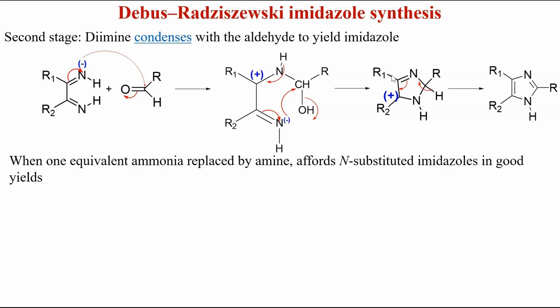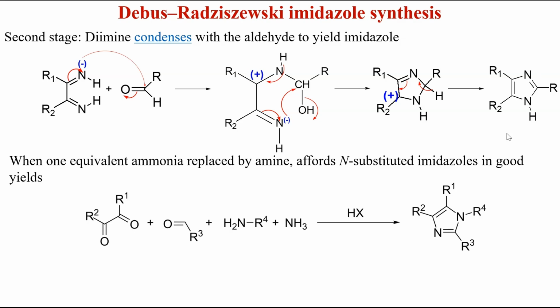If at all I replace one equivalent of ammonia, in the first step where I treated with two equivalents of ammonia, if I replace this ammonia by an amine, then it gives the corresponding N-substituted imidazoles in quantitative yields. Like this, I'll get the NH substituted.